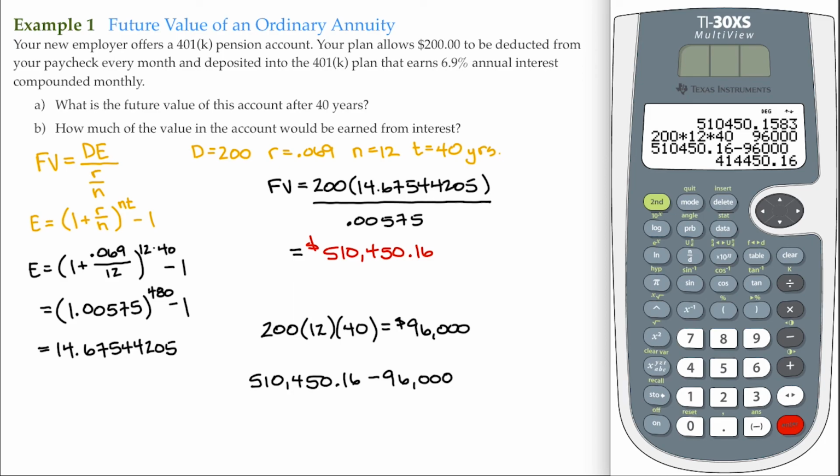Hit enter. And you made $414,450.16 in interest alone.